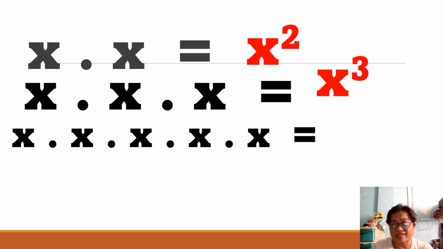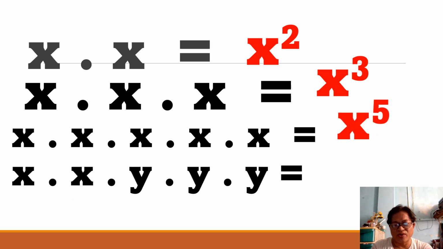Yes, it's x raised to 5. And what about these numbers? Anyone who can give me the answer? Yes, it is x squared y cubed. Okay? Did you get it?